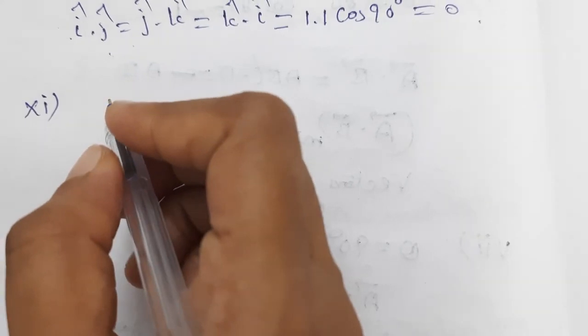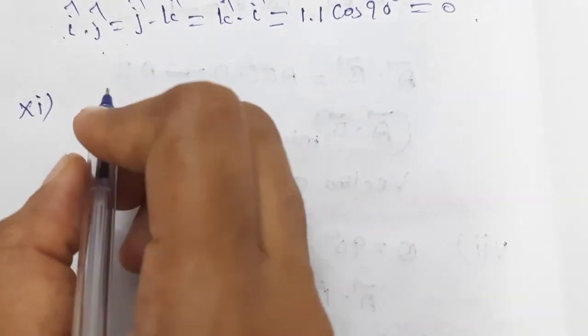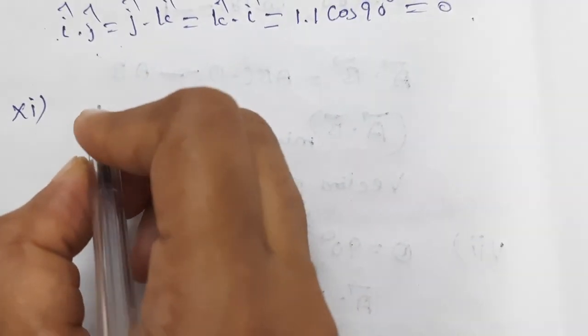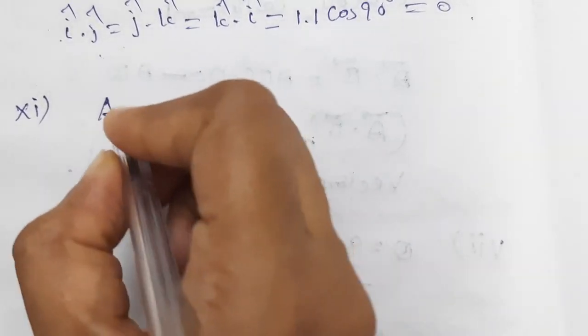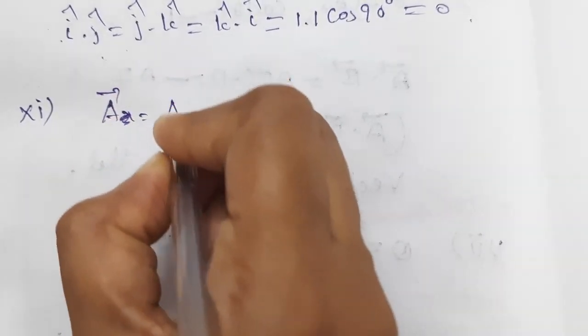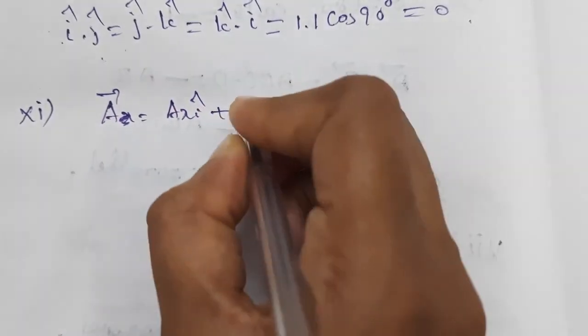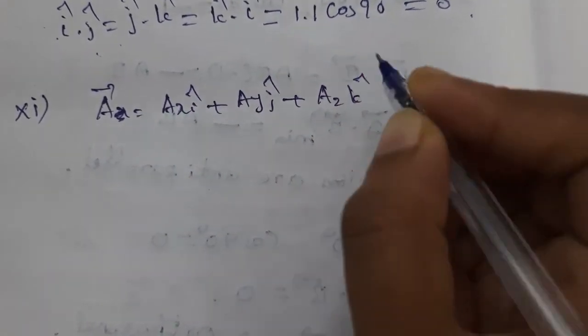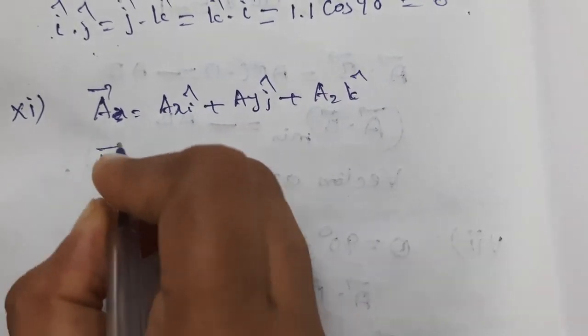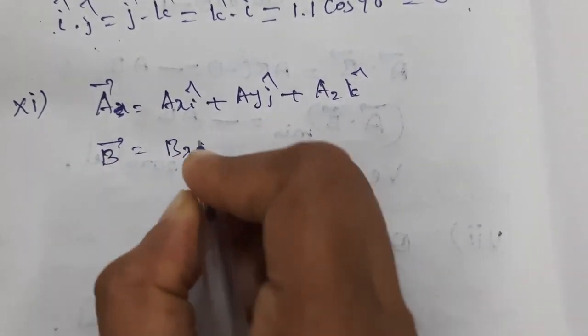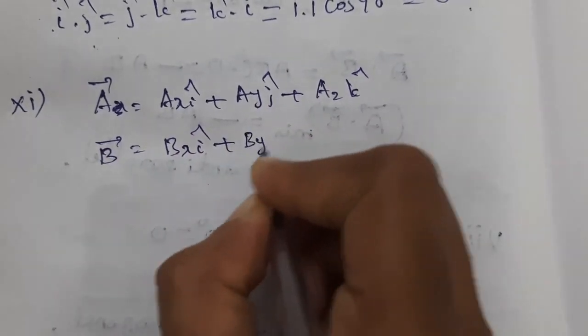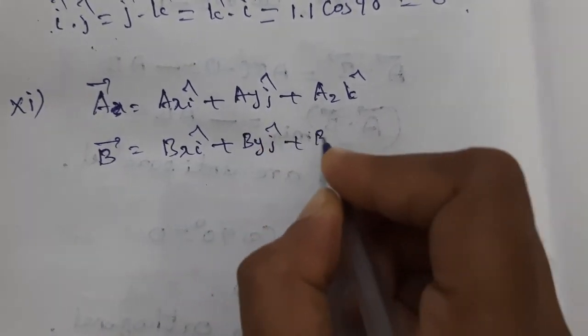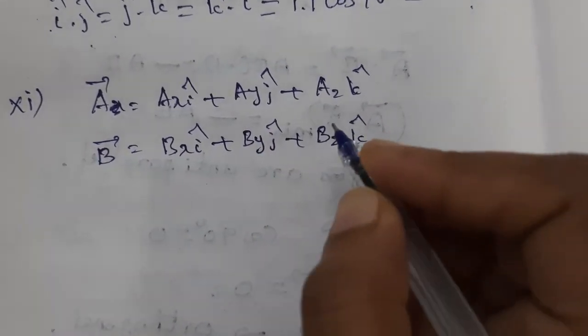In terms of components of the scalar product, what is that? A vector can be written as ax i cap plus ay j cap plus az k cap. B vector can be written as bx i cap plus by j cap plus bz k cap.